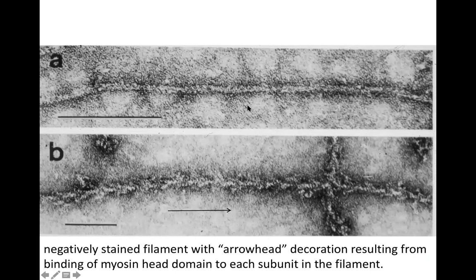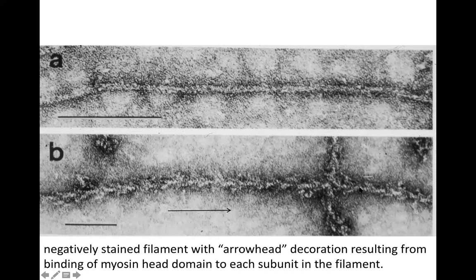These are all negative stain EMs that I'm going to show you. This is a naked actin filament. This is a myosin-decorated filament with the arrowheads, with the pointed end, or the minus end, going in this direction.